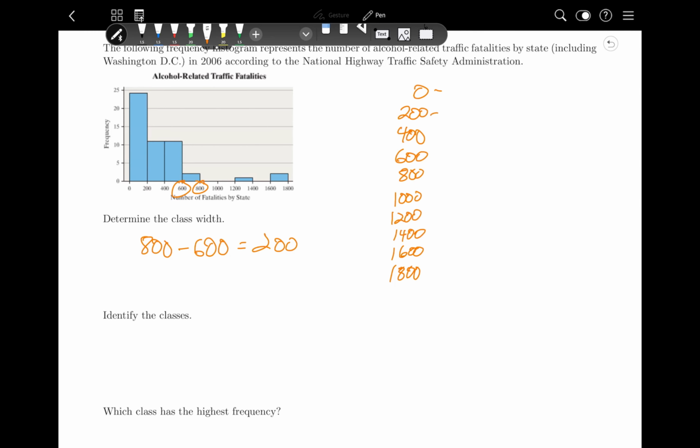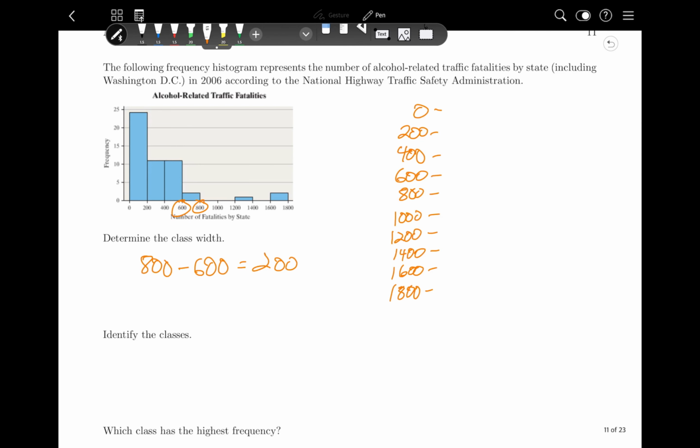What you want to ask yourself is, what is the largest number that could fall in each one of these groups? Since we're talking about traffic fatalities, you can't have a decimal. So the largest number that would fall in this first group would be 199. Anything between 0 and 199 would fall in that first bar, but once you hit 200, you move up to this one.